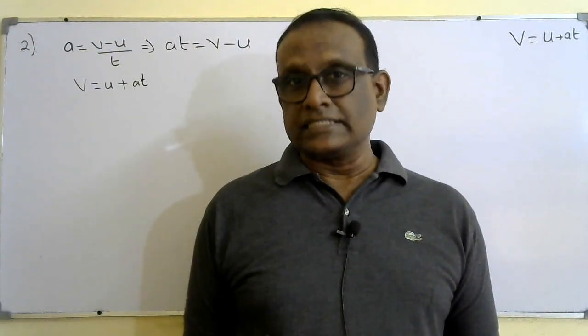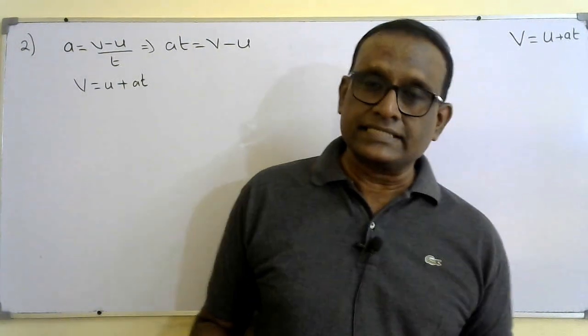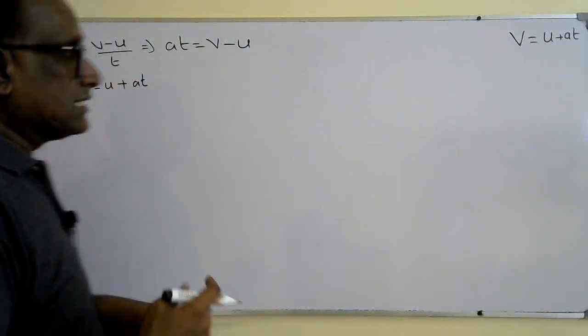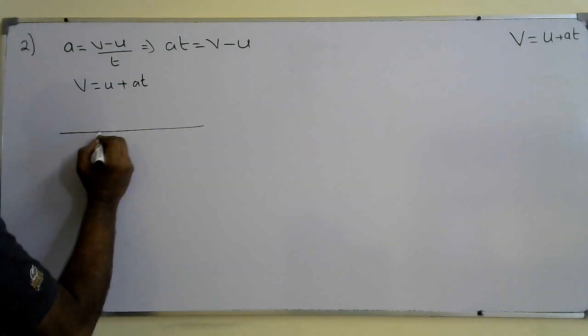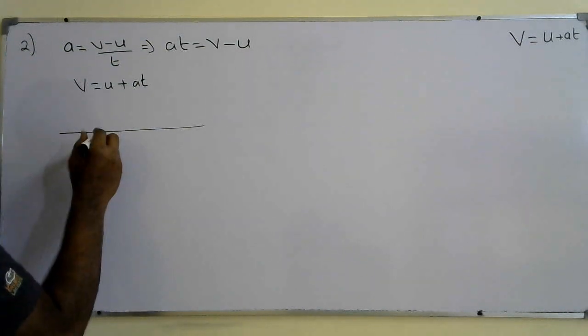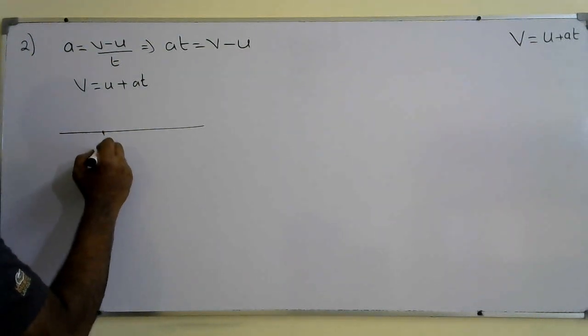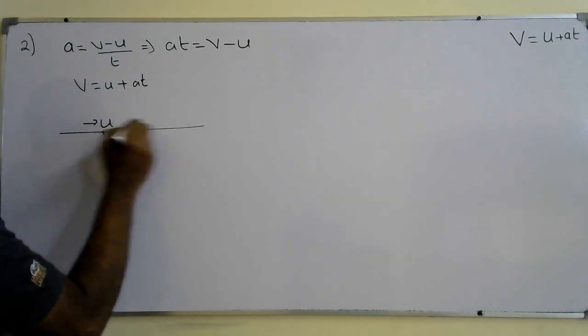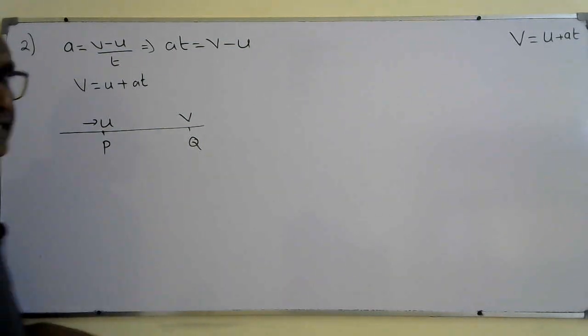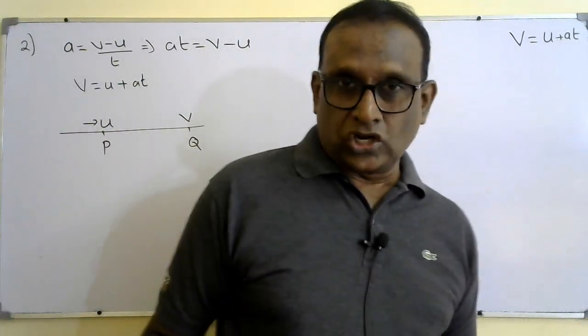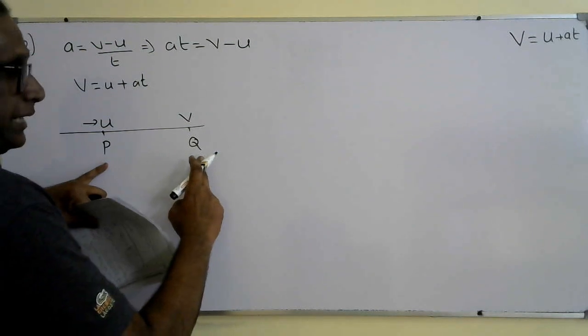at constant acceleration. When an object has constant acceleration, say it is moving from this point, it would have started its motion somewhere else, but when it reaches the point P its velocity is u. When it reaches the point Q, its velocity is v. What is its average velocity when it moves from P to Q?